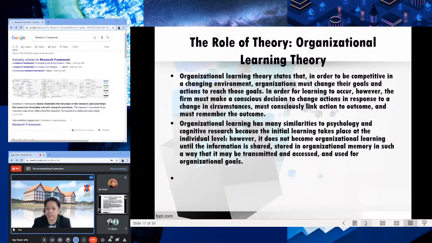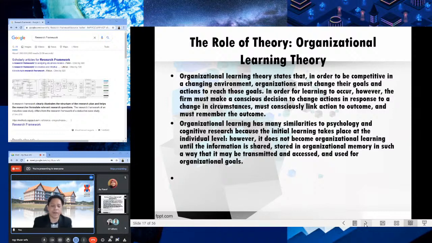The third part of the role of theory is looking into organizational learning theories. Organizational learning theory states that in order to be competitive in a changing environment, an organization must change its goals and actions to reach those goals. That means the organization must be very agile as the environment changes, and they need to respond to any circumstances linked to the action, the outcome, and the environment.